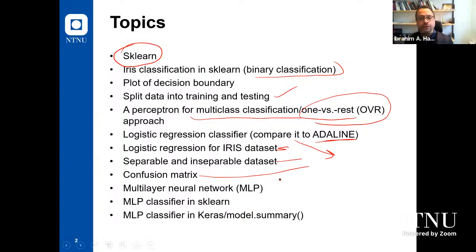Before studying deep learning, we need to use first this MLP, right? Because with this MLP, you can take it as deep as you want. Also, we need to use the MLP classifier in sklearn and in Keras also, because Keras is very important. We need to use Keras in deep learning. So we need to know how to build an MLP in Keras and in sklearn, for example.